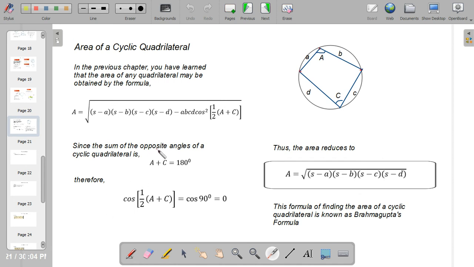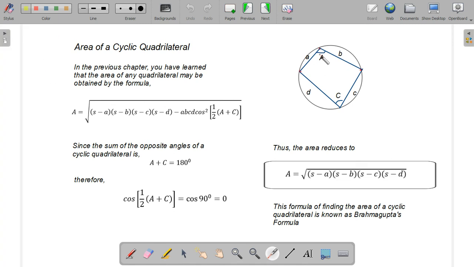Since the sum of the opposite angles of a cyclic quadrilateral, A plus C, is equal to 180 degrees, we also have a theorem on that in polygons. You can go back and review it. So the opposite angles are equal to 180 degrees.